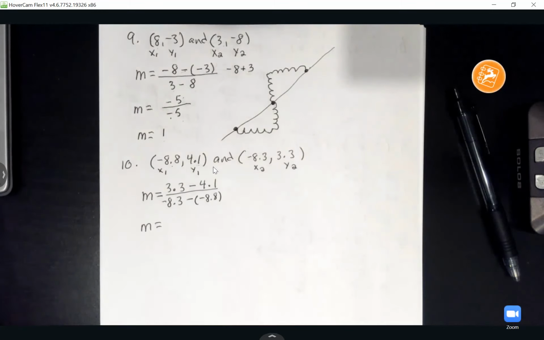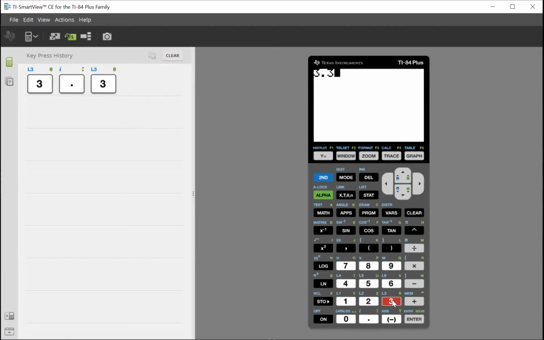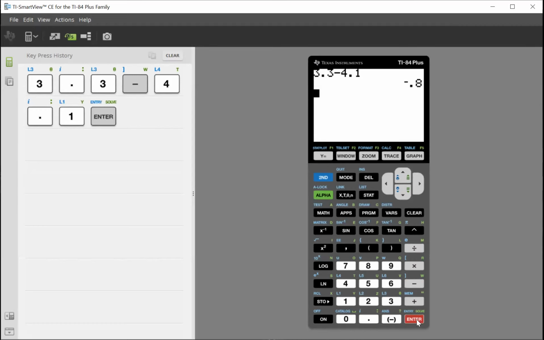All right, so I'm going to ask my calculator, what is 3.3 minus 4.1? I hit enter. We're getting a negative 0.8. So the top is a negative 0.8.